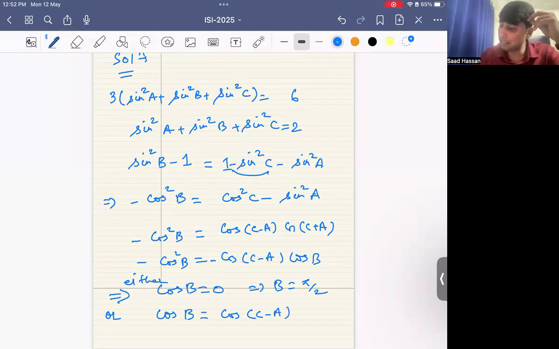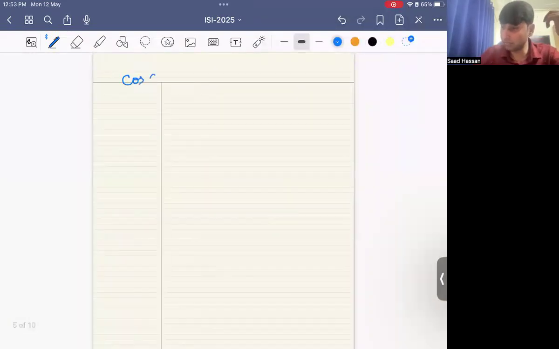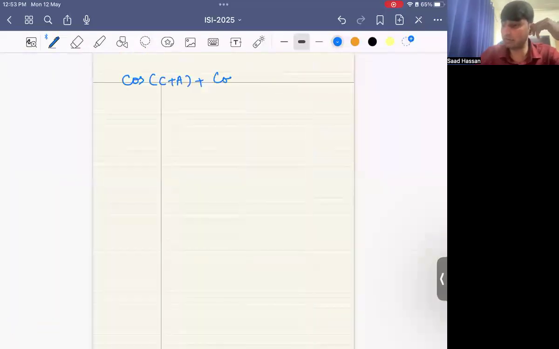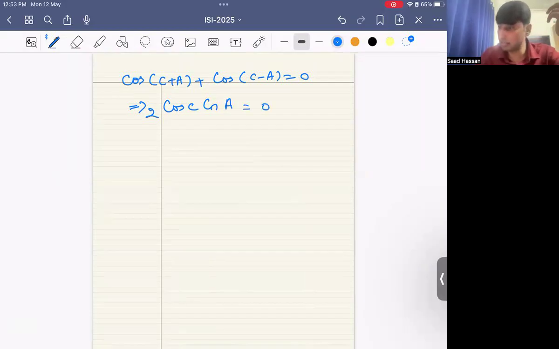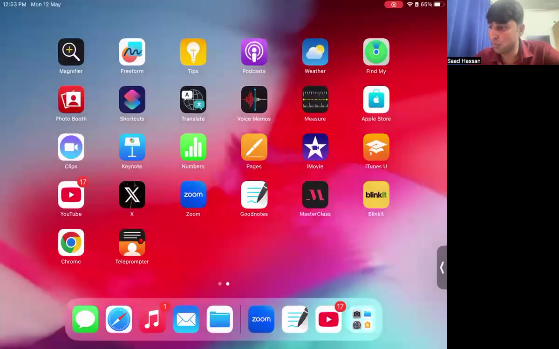Now again, cos B is the negative of cos of C plus A, because A plus B plus C is pi, and that's equal to cos of C minus A, which would mean that cos of C plus A plus cos of C minus A is 0. Which means that 2 cos C cos A would be 0, which means that either cos C is 0 or cos A is 0. In either case, the triangle is a right angle triangle, right? So that's part 1 of the solution.